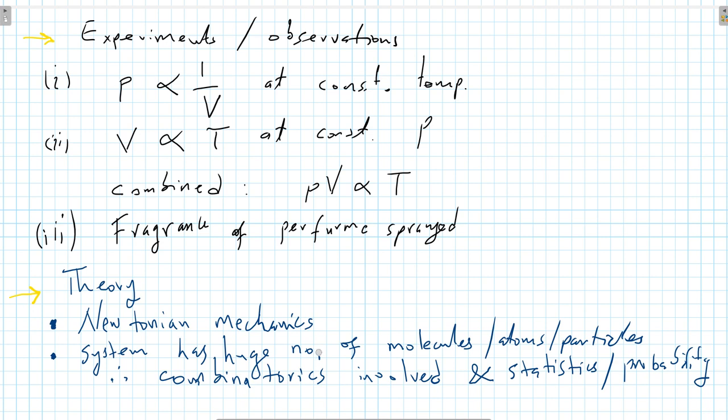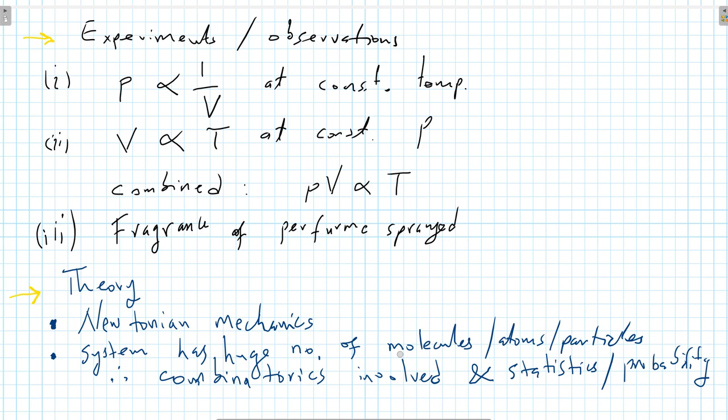Avogadro's number of particles. So let's say 10 to the 23 particles, and you don't want to watch each and every one of those particles and then try to apply Newtonian mechanics in order to determine the dynamics of the system. Instead, usually one considers a probabilistic approach, or a big picture approach of the system.